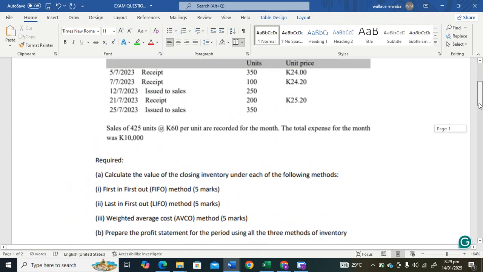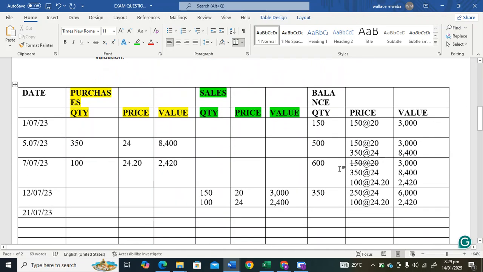How many goods were these? 200, valued at 25 kwacha 20 ngwe. So 200 times 25 kwacha 20 ngwe, you get 5,040 kwacha.